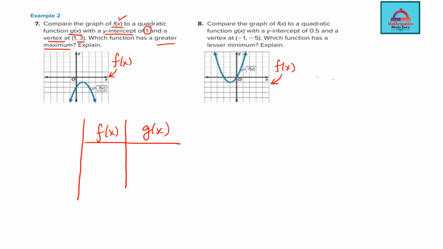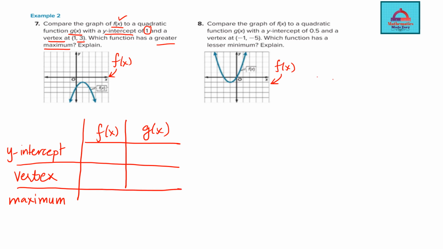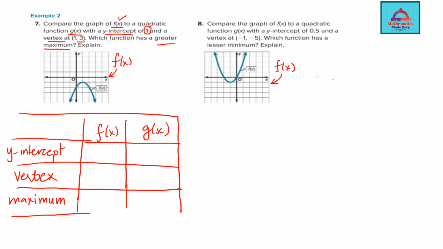You are comparing the y-intercept, you are comparing the vertex, and then you are comparing the maximum. Three points you are comparing. And once you compare these 3 points and see which one is greater, you will be able to give your answer. So just make a table of difference like this for these kinds of questions. When you make this table, it is easy to compare the two given functions. So let's do it now.